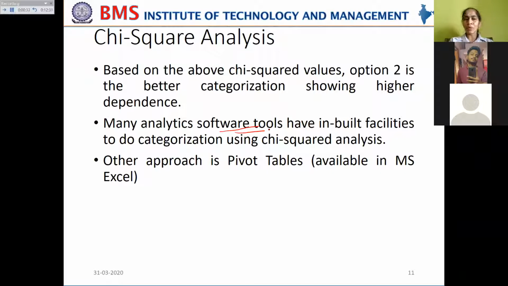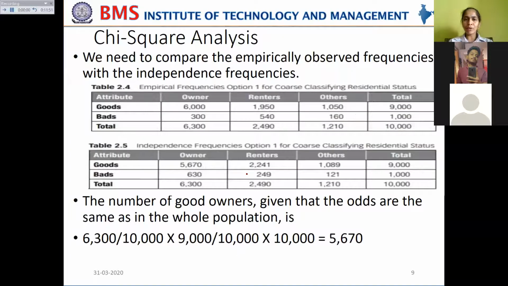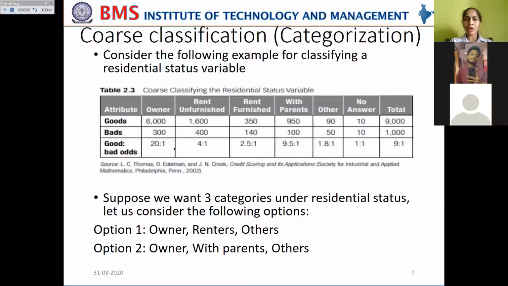Another approach for performing this categorization is called pivot tables. Before going to this, let me show you in the previous table how this row is calculated. This row is called good bad odds.